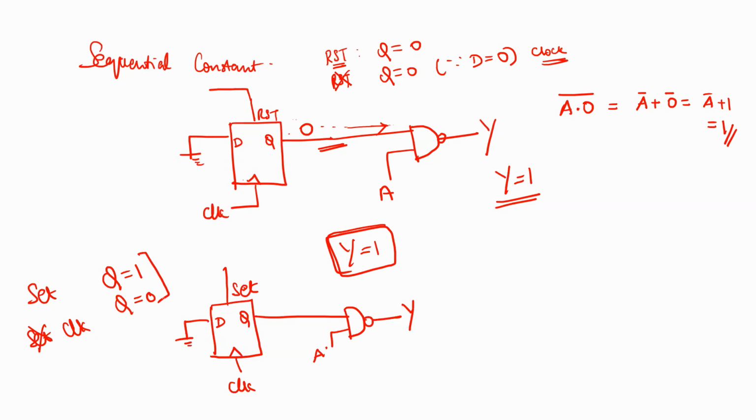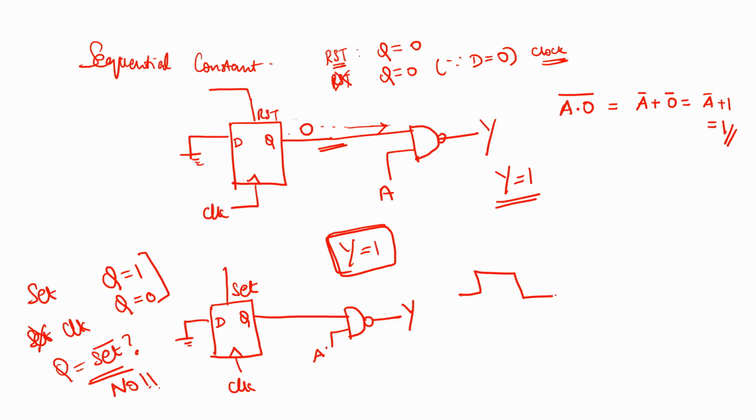And I cannot simply connect set bar. Many people get confused. Can I say Q is equal to set here? The answer is no. It's a very, very interesting thing. Let us look at the timing diagram here. This is going to give a lot of insight into it.